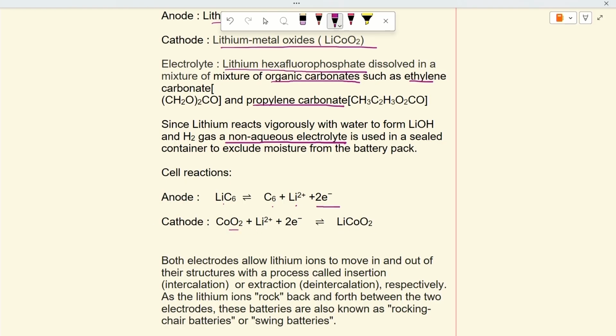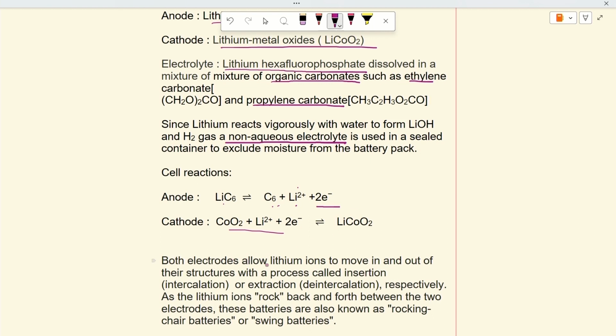Here reduction occurs, and here we have the oxidation. Lithium carbide goes to lithium ion, so that is an oxidation. In this, lithium ion gets reduced and converted into lithium cobalt oxide. So, at one point we have the oxidation of lithium, and at the other there is a reduction of lithium.